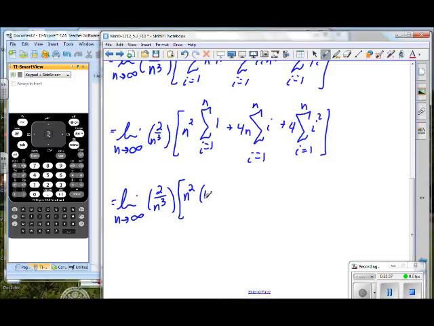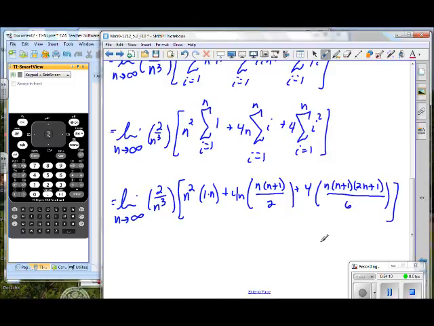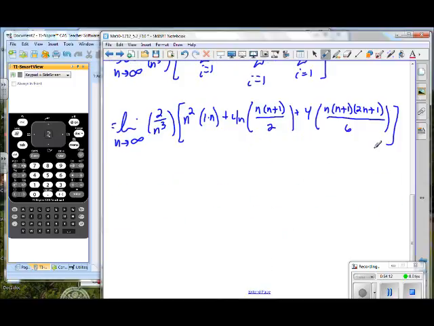As you recall, it's the constant times the number of terms, plus 4n times the sum from Carl Friedrich Gauss, adding up terms from 1 to n, so this would be n times n plus 1 divided by 2, plus 4, and looking at our shortcut or our pattern for i squared, it's n times n plus 1 times 2n plus 1 divided by 6.